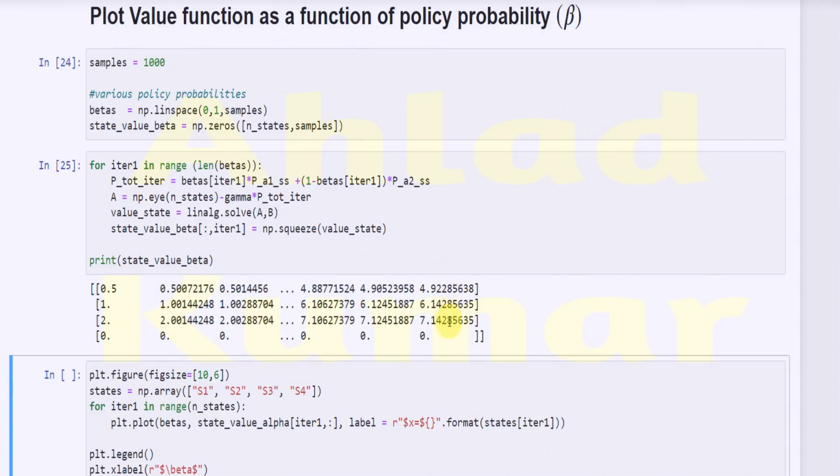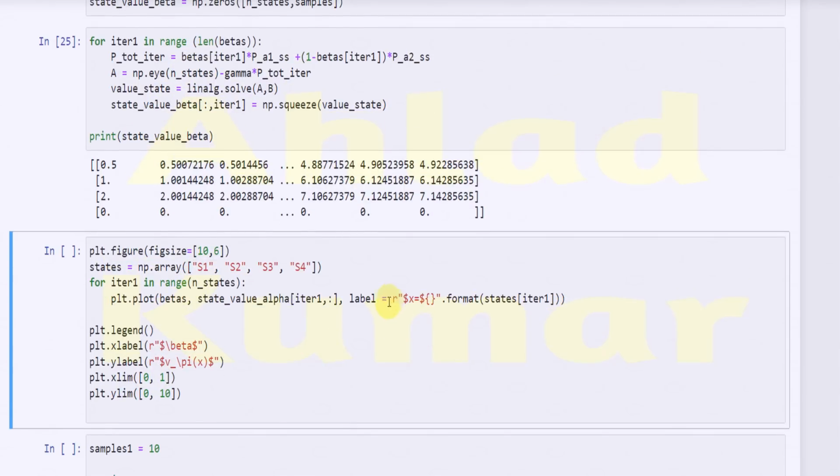So these are the final values of all these states, and these are all intermediate values for different values of beta. So let us plot some of them and see how the value of the states S1, S2, S3 and S4 are varying with different values of beta.